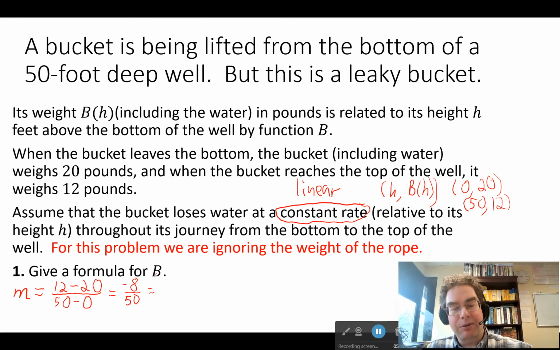And depending on your preferences, you could work with this as either a fraction or as a decimal. As a fraction, it would be -4 over 25 in lowest terms. I kind of do like fractions, but maybe for this example, we will go with a decimal. So as a decimal, that is -0.16. So now from here, we can initially use point slope form.